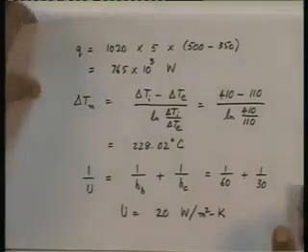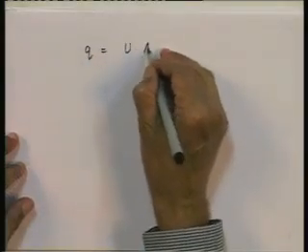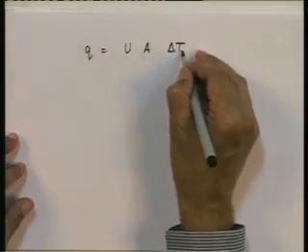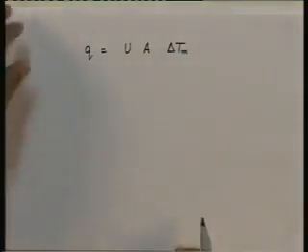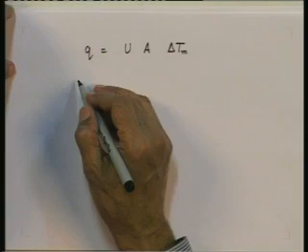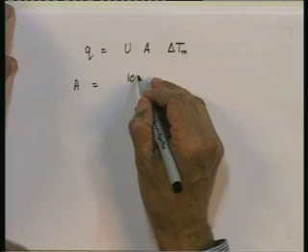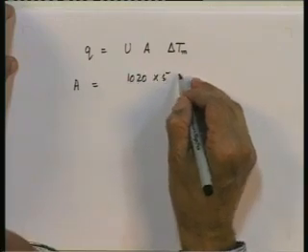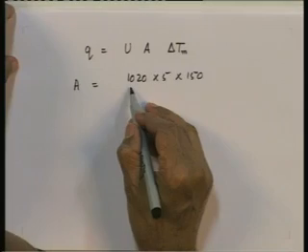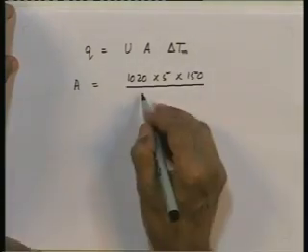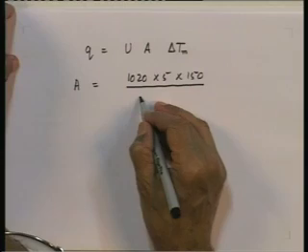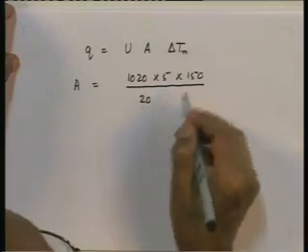Now, substitute into our basic performance equation to get the value of A. So, our basic performance equation is Q is equal to U A delta Tm, in this case delta Tm in parallel flow. So, we will get A is equal to Q, which is equal to 1020 into 5 into 150, divided by U delta Tm.